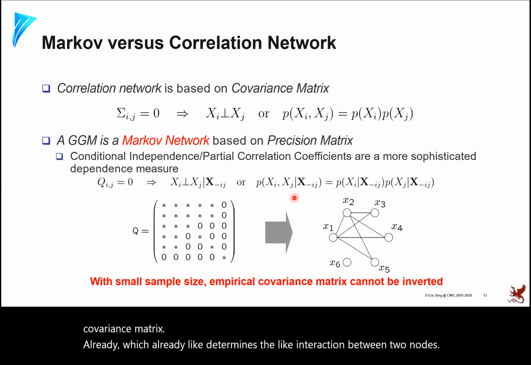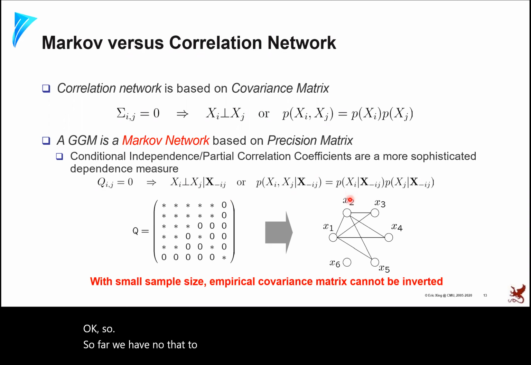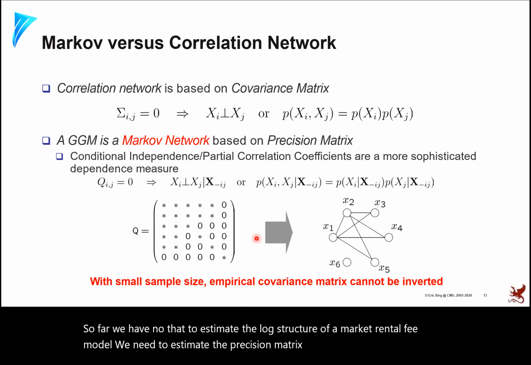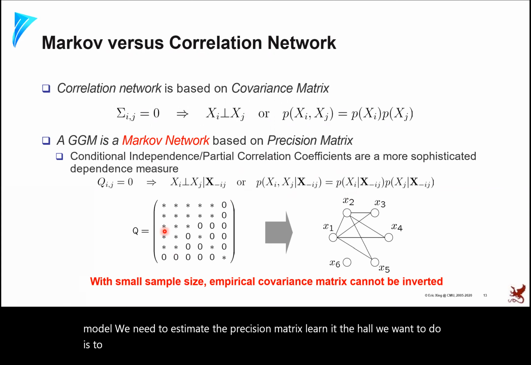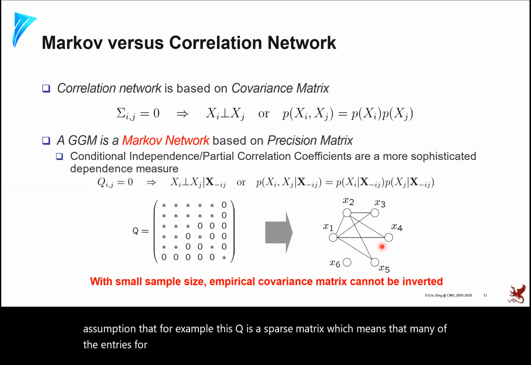Okay, so so far we know that to estimate the structure of a Markov random field model, we need to estimate the precision matrix and learn it. What we want to do is to learn the value of this Q. Through learning, we also have some assumption that, for example, this Q is a sparse matrix, which means that many of the entries, for example, 1 and 6 and 4 and 5, are zero.